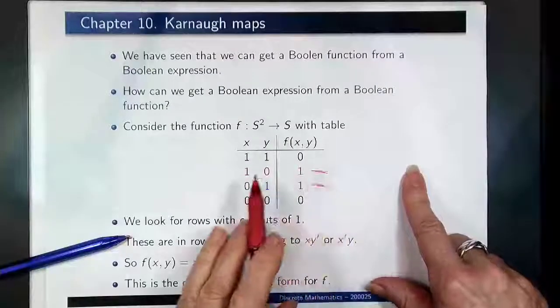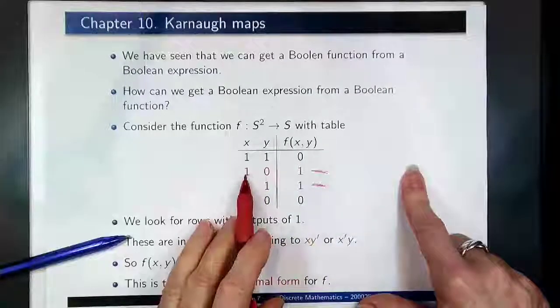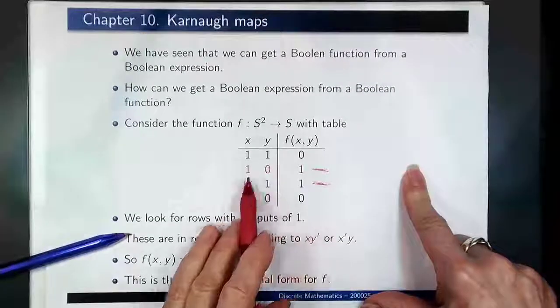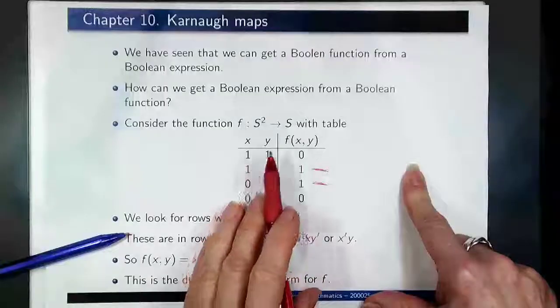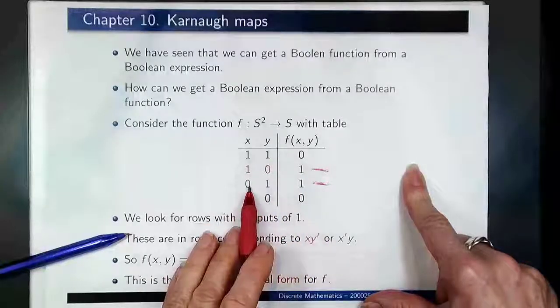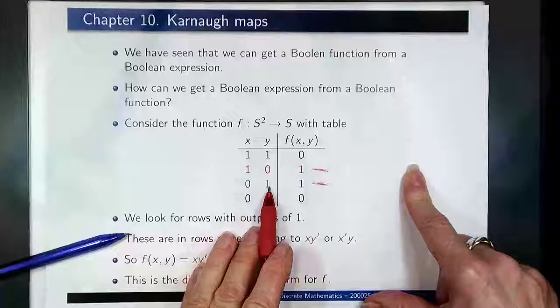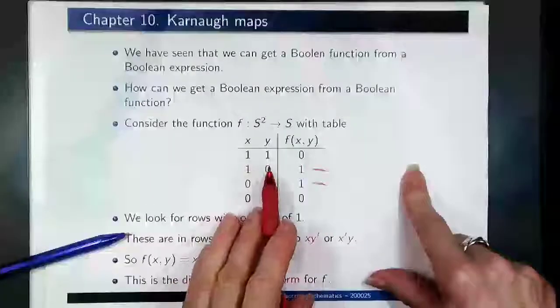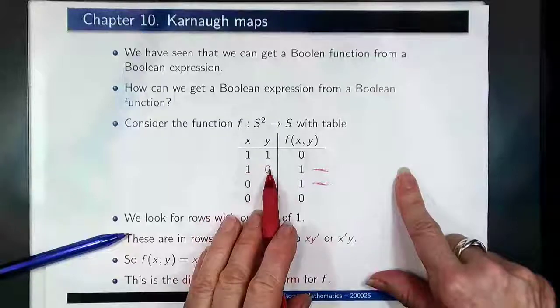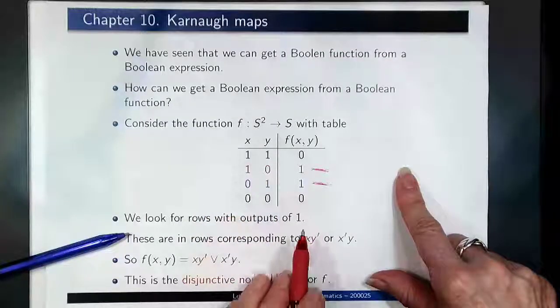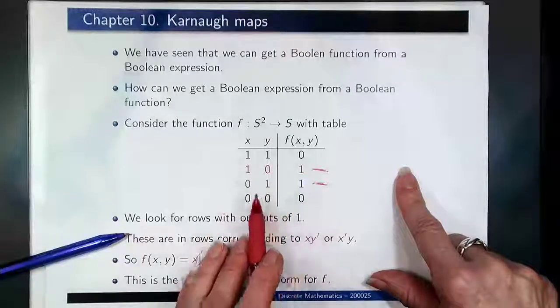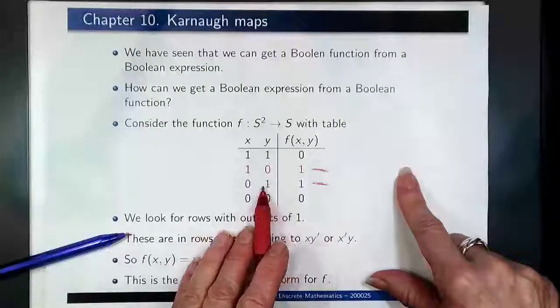We get 1 when we've got x but not y, which is xy dash, or we've got not x, sorry, and y. We've got to have 0, 1, which means we've not got x and we've got y.